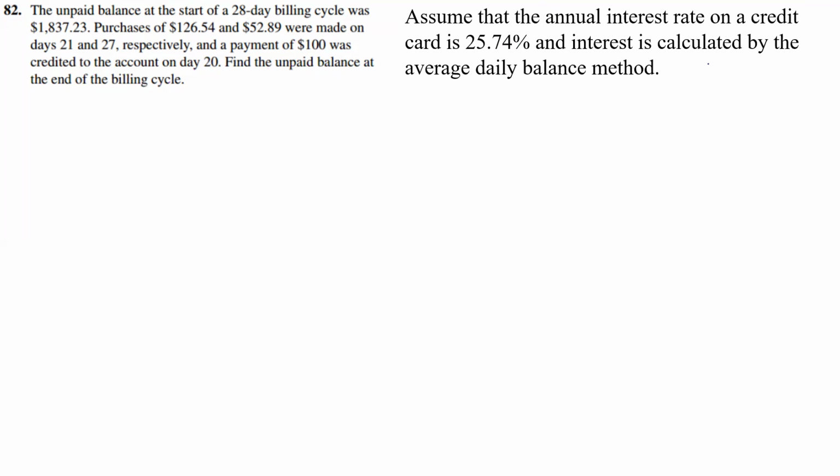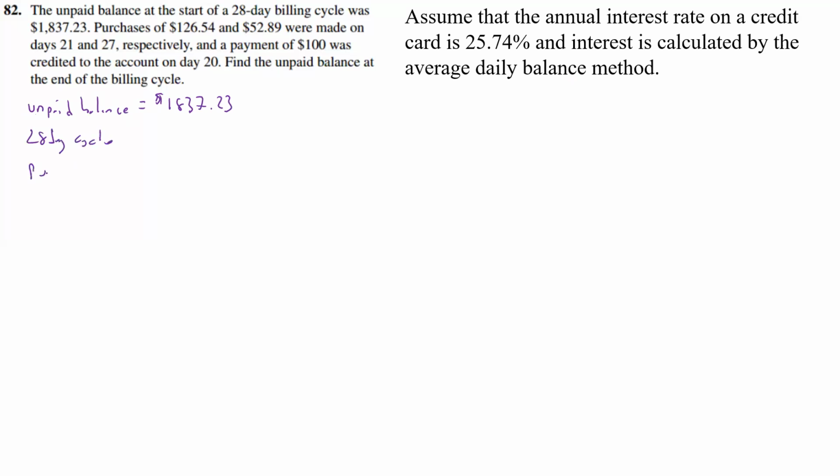Now we're supposed to assume the annual interest rate on the credit card is 25.74%, and interest is calculated by the average daily balance method. All right, so let's go down and write what we have, and then we can figure it out. The unpaid balance was $1,837.23. We have a 28-day cycle.